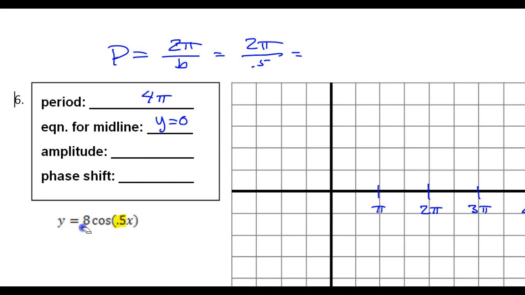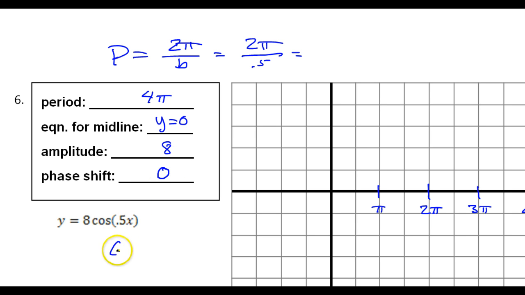Now the amplitude is going to come from this number here in the front. The 8 is the amplitude. I might as well mention there's nothing added or subtracted inside the parentheses either, so I can already tell that there is no phase shift.